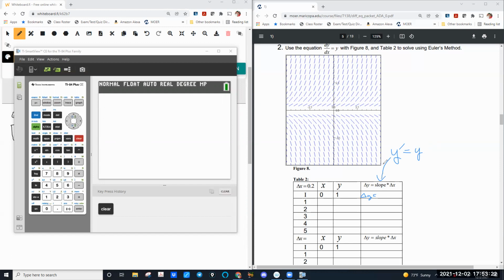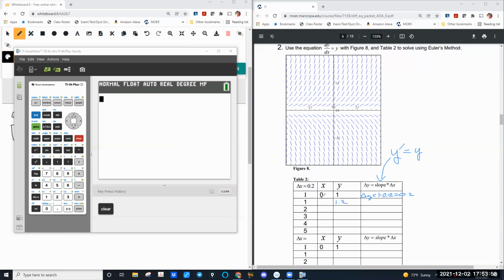Because y is 1, you plug in 1 here and you get 1, times our change in x, so times 0.2. That is our change in y, 0.2. So we take y plus our change in y. I take y, I add on the new y, and I get 1.2.